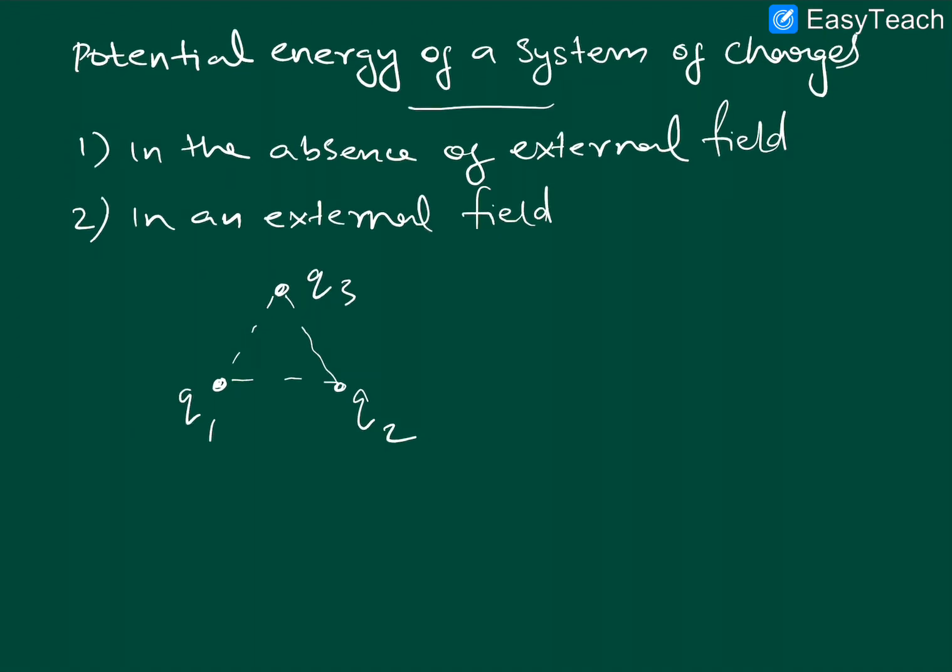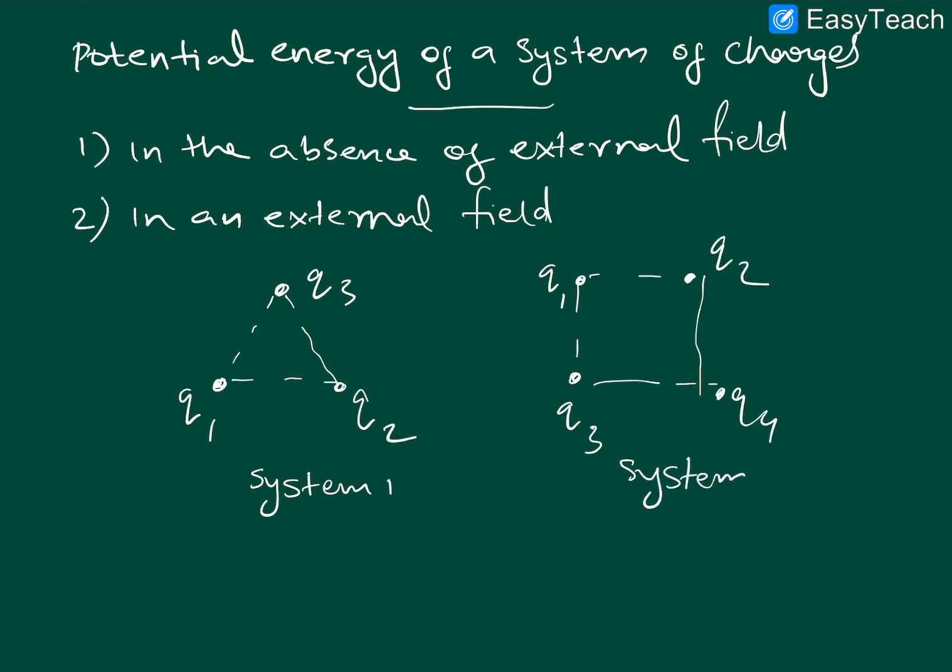Or you have another system having four charges, Q1, Q2, Q3 and Q4, in the form of a rectangle, or if sides are same, it is a square. So these are all systems. In this lecture we are going to find the potential energy associated with this system or with any other shape.